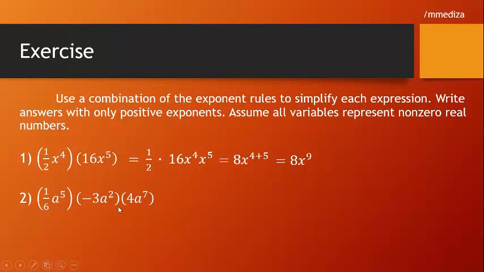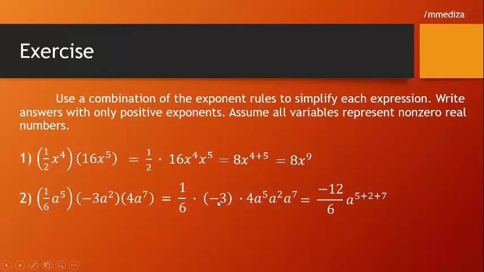Again, combining like terms, then multiply the coefficients. So we have 1/6 times negative 3 times 4. And then we have the same variable, which is a. So we combine a raised to 5, a raised to 2, and a raised to 7. Simplifying, we'll have negative 12/6.